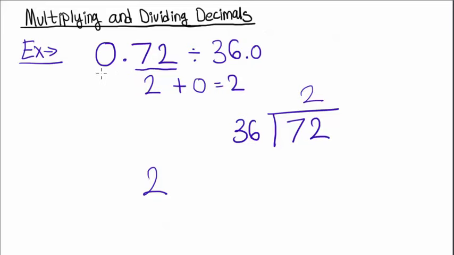In this case over here, our first number, which is the number that we're dividing, is less than 1. And the second number over here, which is the number that we're dividing by, is actually much bigger than the number 1. So when we divide something that is less than 1 by something that is way bigger than 1, then we know that our final answer will be less than 1.